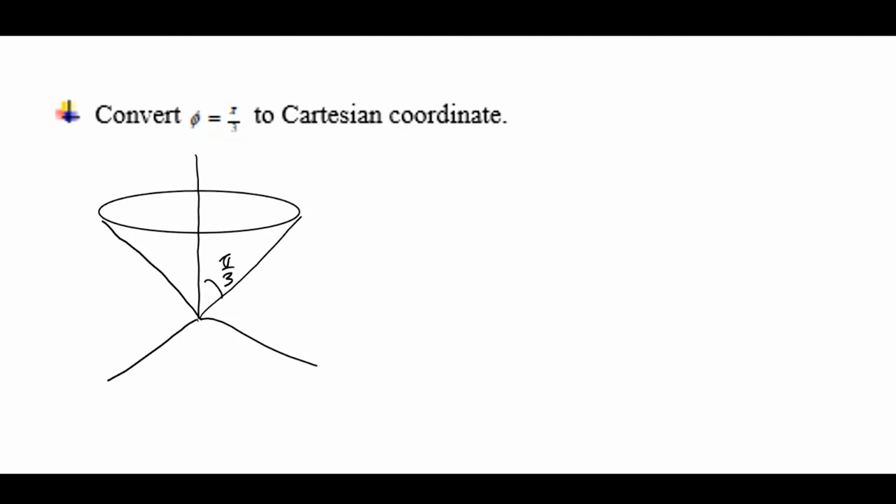Okay, let's analyze it. Phi is equal to pi over 3. We can take tangent or we can take cosine. Cosine is easier because cosine of pi over 3 is a nice number. Let's take cosine on both sides. So we have cosine phi, and then we have 1/2, right? Multiply both sides by rho again.